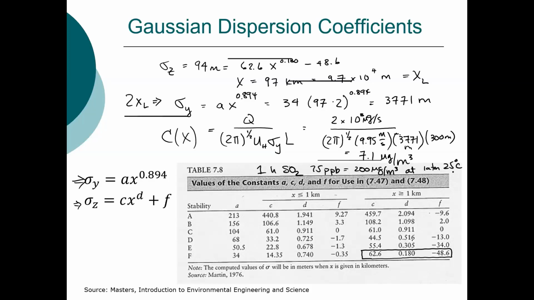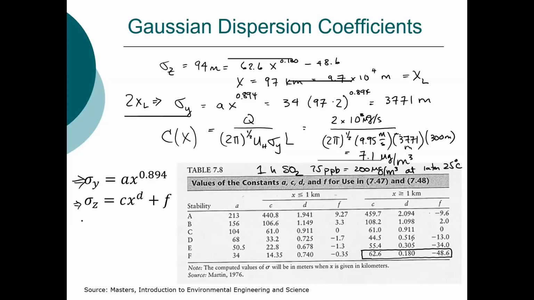Concentration is much less than that, but you have a large population that's exposed. Any questions about these units or these problems? Feel free to let me know or write it in the chat.